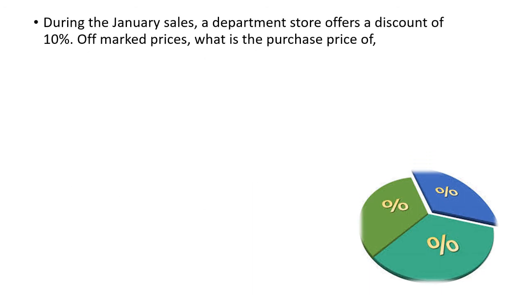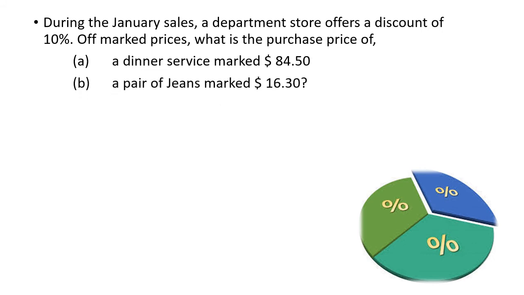Now check this one. During the January sales, a department store offers a discount of 10% of marked prices. What is the purchase price of Part A, a dinner service marked $84.50, and Part B, a pair of jeans marked $16.30?